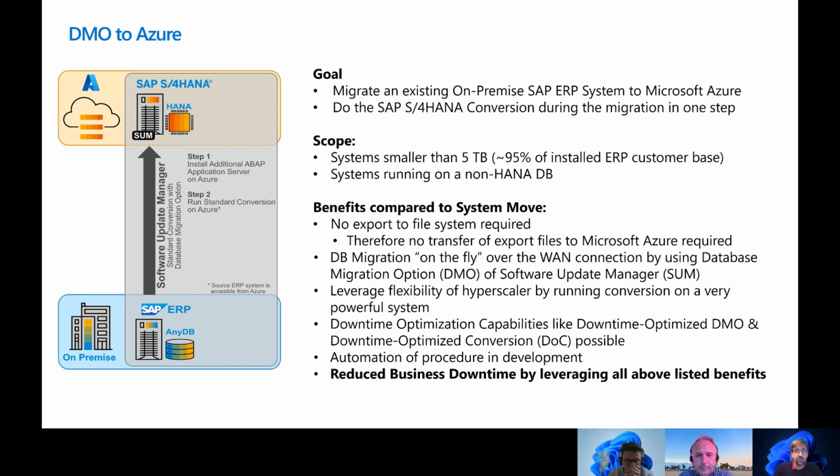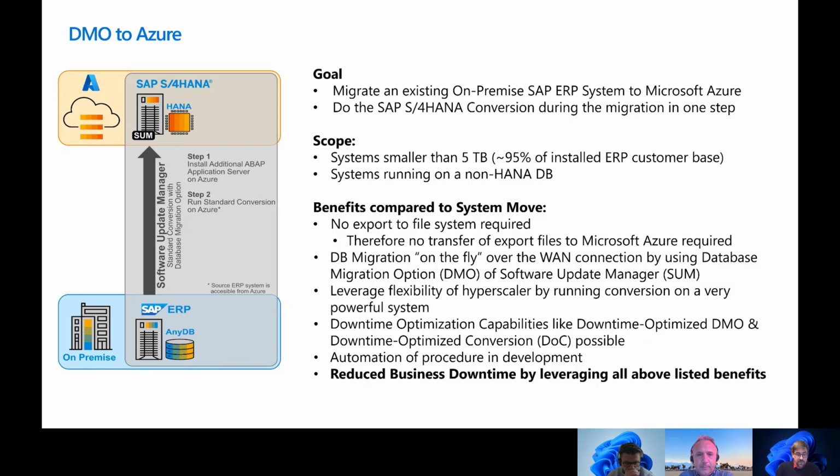And the beautiful thing there with the concept is that the migration or conversion engine, the software update manager, can actually run in the cloud on Azure, which obviously means you can benefit from all the flexibility that Azure provides you with here. So for example, during the migration, you can really scale up your virtual machine that runs the software update manager on Azure. Once the migration is done, you can then shrink it down again, something that you would not typically do if you do this on premises.